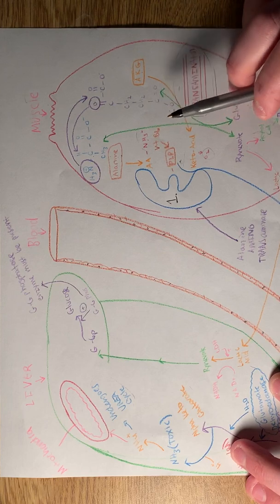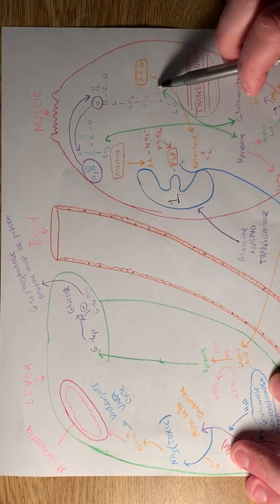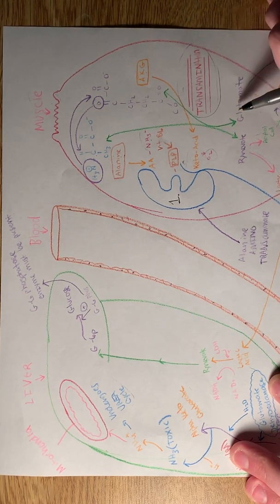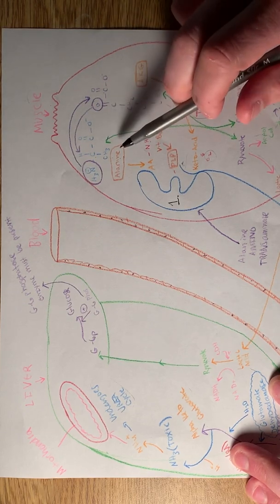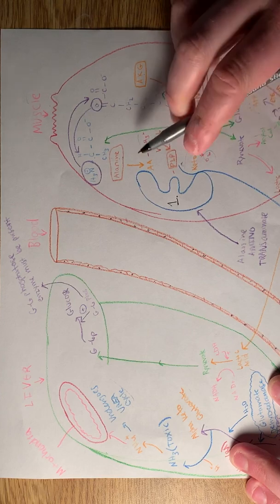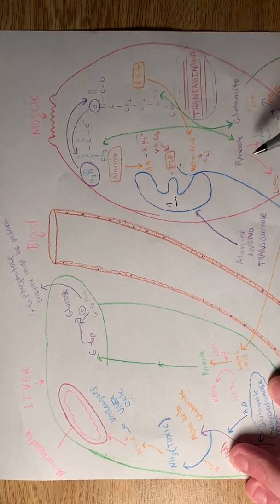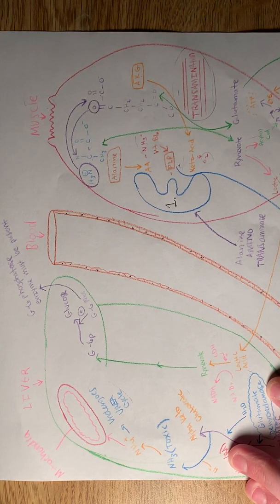Then this yields the amino acid 2, pyruvate, and glutamate is the keto acid 1. Now this reaction happens to be reversible. Pyruvate and glutamate can produce alanine and AKG. Alanine and AKG can produce pyruvate and glutamate.